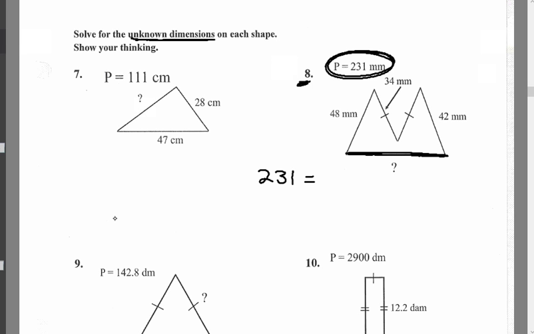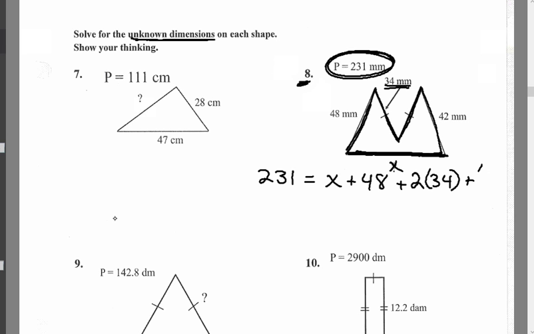What do we have? Well, we have an unknown length, which I will call x. We have a 48 millimeter side. We have two single tick sides, which are 34, so two 34s, and we have a final 42.